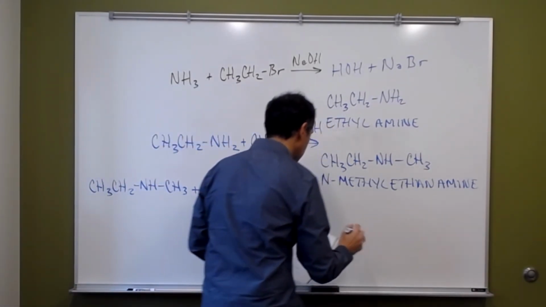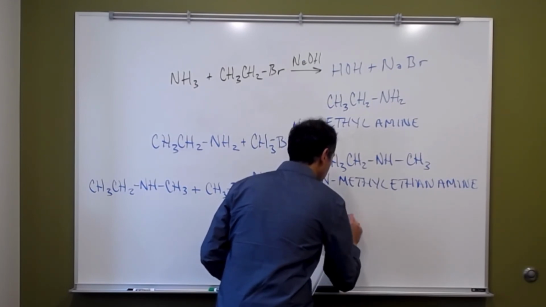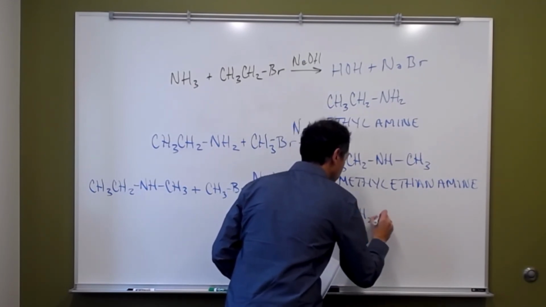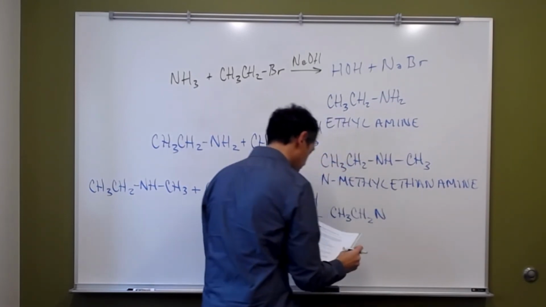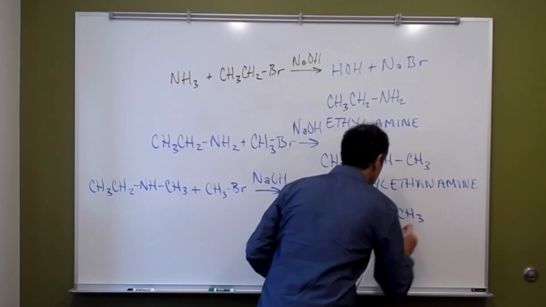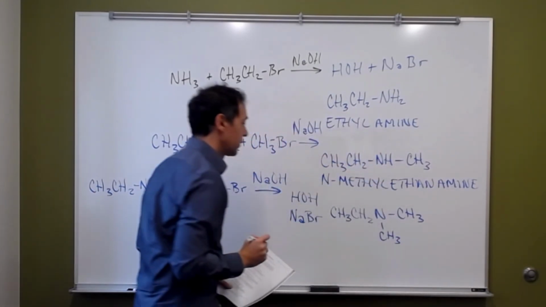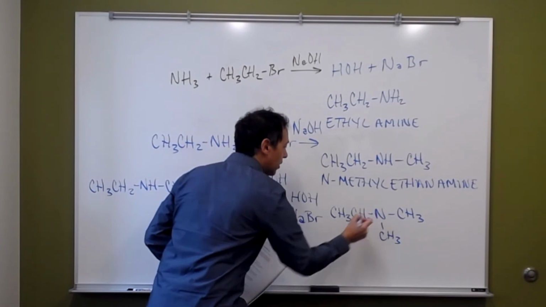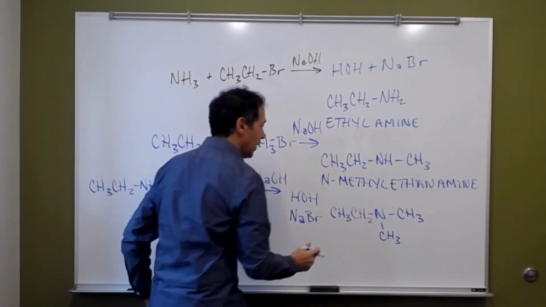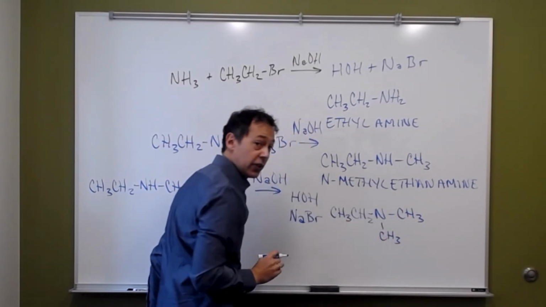And so our final molecule becomes CH3CH2N(CH3)CH3, like this. And then naming this molecule here, it's going to be two methyl groups attached onto the nitrogen.